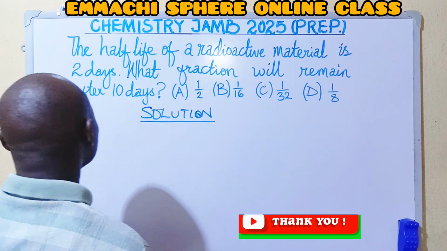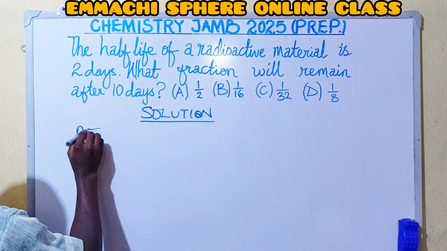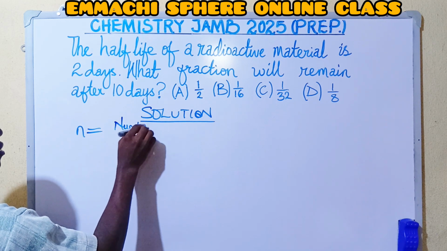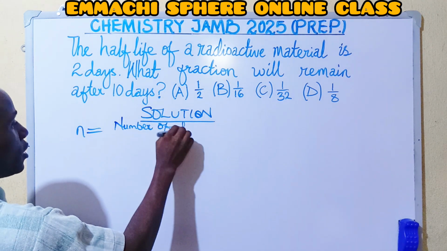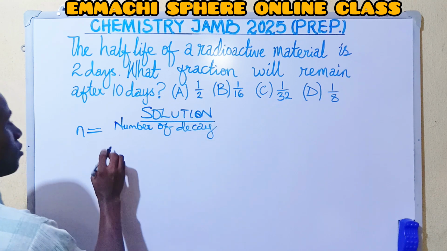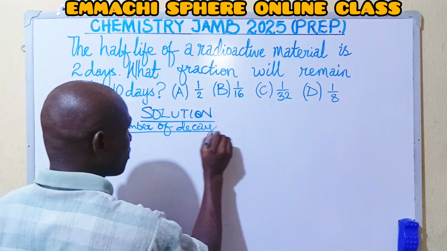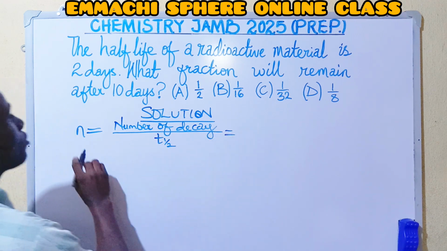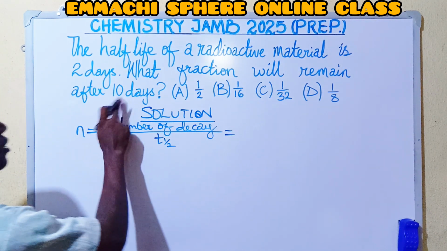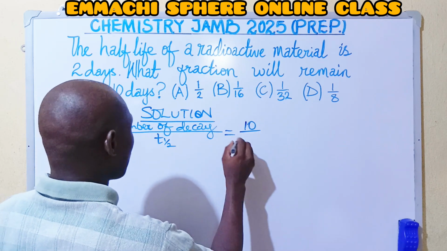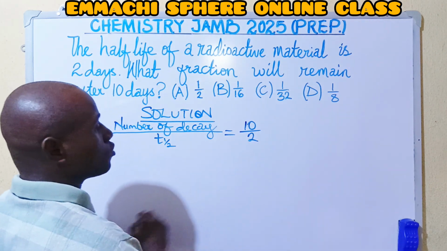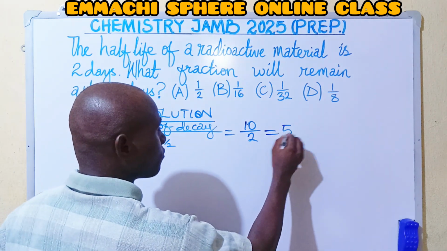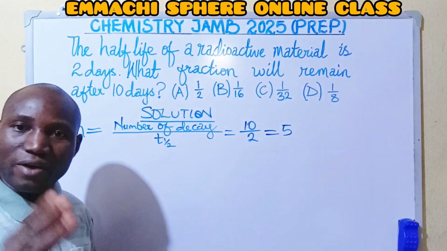So n is equal to the number of days of decay over the half-life. The total number of days is 10, over the half-life of 2. So the number of half-lives is 5. It means that there are 5 half-lives.